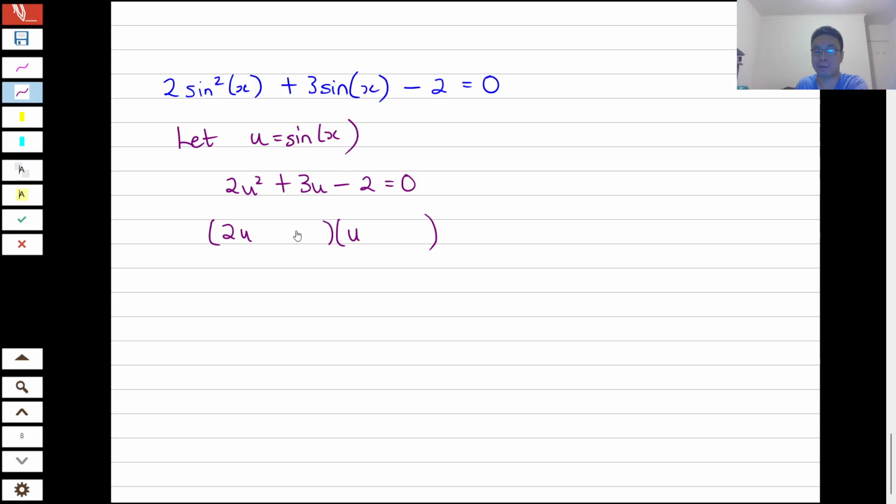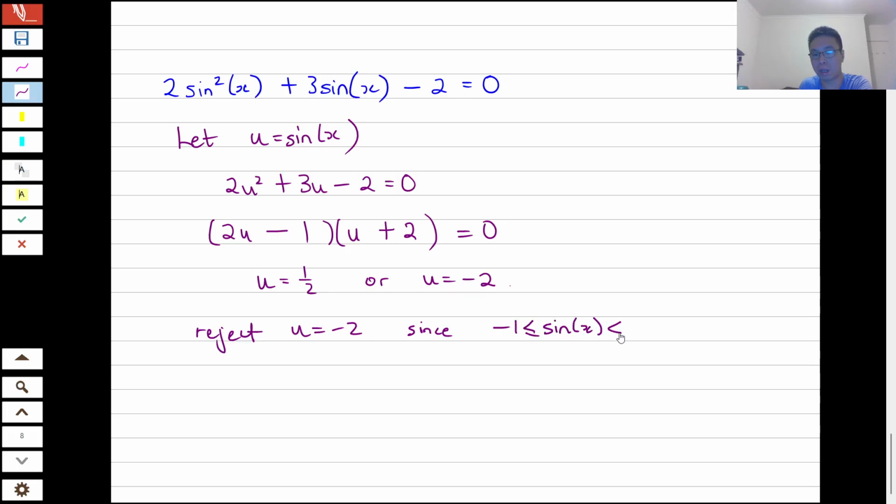And the obvious choice is to make 4 from 2 times 2 minus 1, which tells me that u equals either a half or u equals -2. We will reject u equals -2 since sine of x is between -1 and 1. That is, there are no values of sine of x which gives me -2. So therefore, I only need to consider the equation sine of x equals a half.